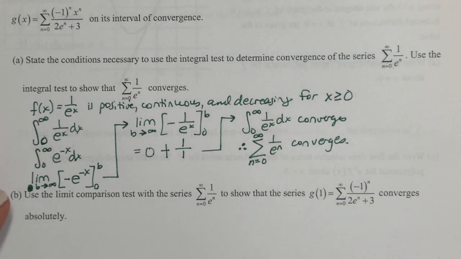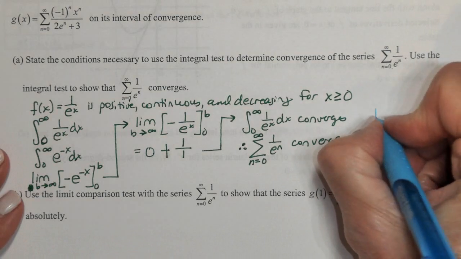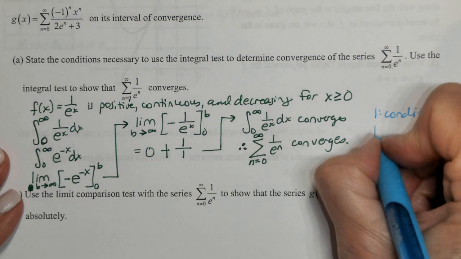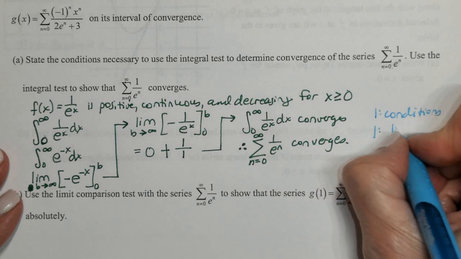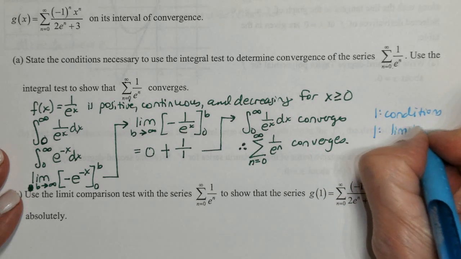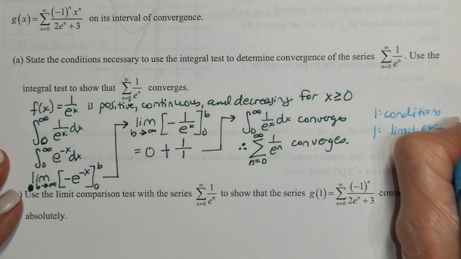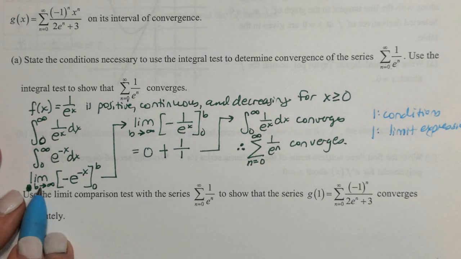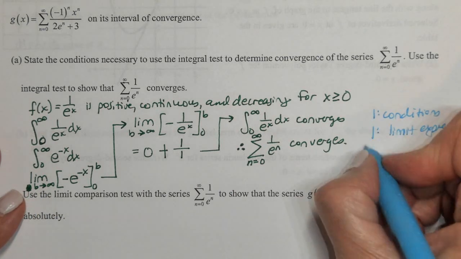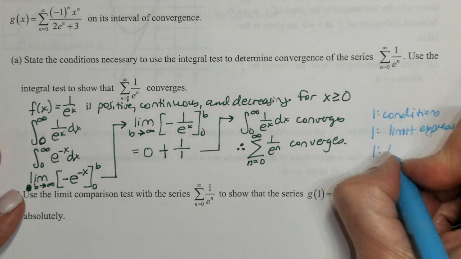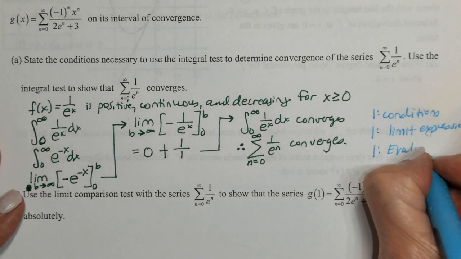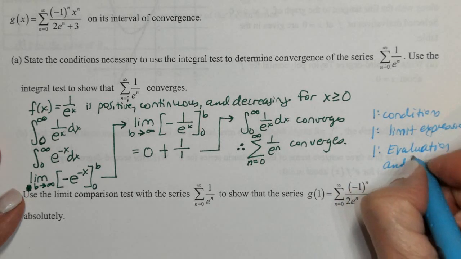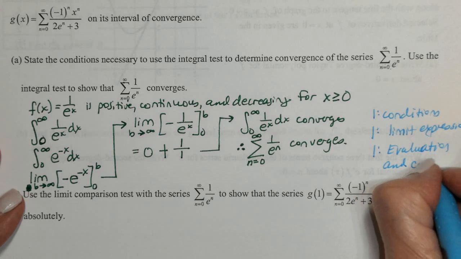This was worth 3 points. 1 point for the conditions, 1 point for the limit expression, either for the integral or the antiderivative. So that limit expression there was worth a point that year. 1 point for the evaluation of the integral and the conclusion.